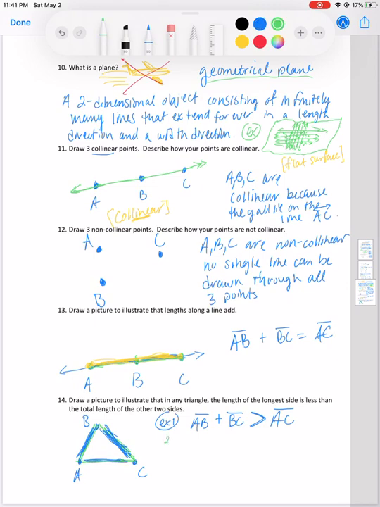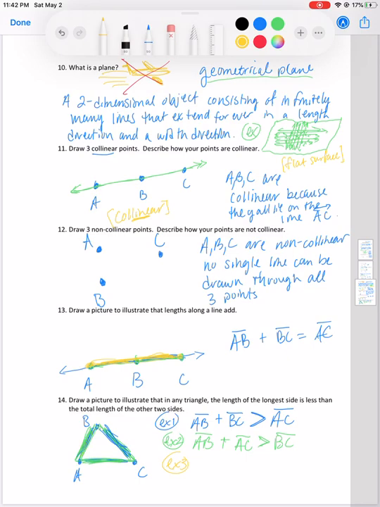Okay, so we're going to move on to example number 2. Try segment AB. So we'll start with this one again. Plus segment BC, or AC. So here's the other one. And that's going to have to be greater than segment BC. Okay. And then our last one, just another final one here.